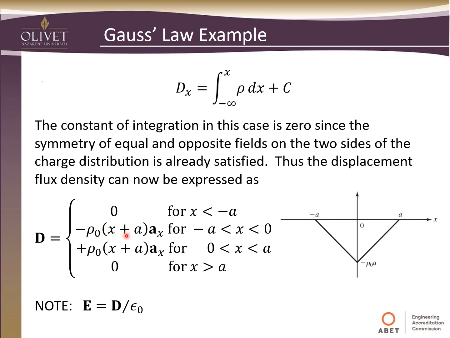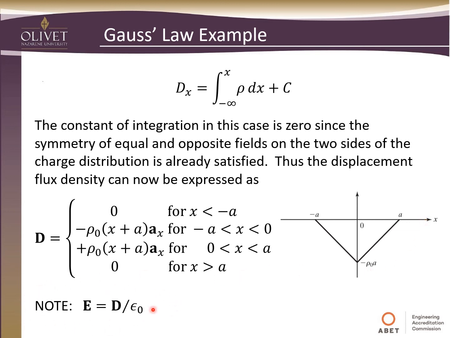We have negative rho (x plus a) in the ax direction. As we get closer to the center, we're going to feel more charge on a test charge, more force on a test charge as we move it in there. And then as we move out, of course, it's plus rho (x plus a) ax for this region here. And then again, once we get to A, we shouldn't feel any effects of the charge, any field for that.